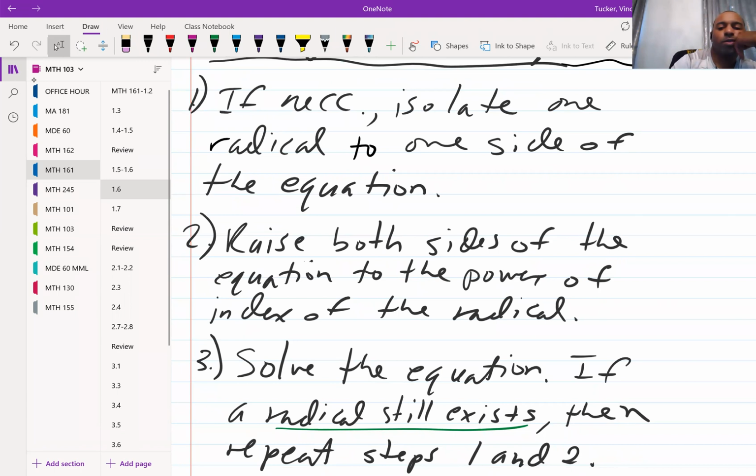Step 3, we want to solve the equation. But if a radical still exists, then we're going to repeat steps 1 and 2.